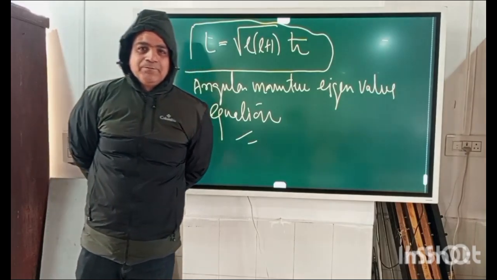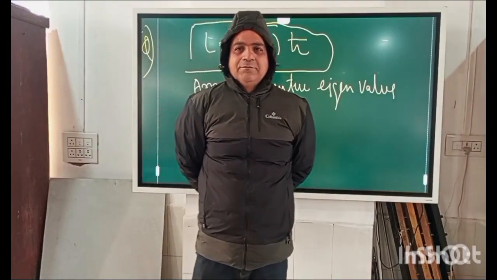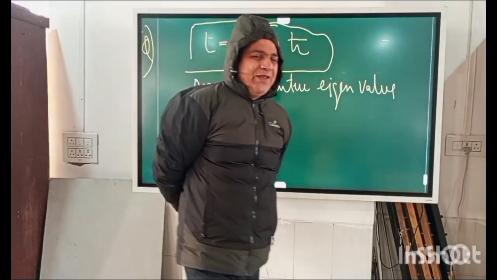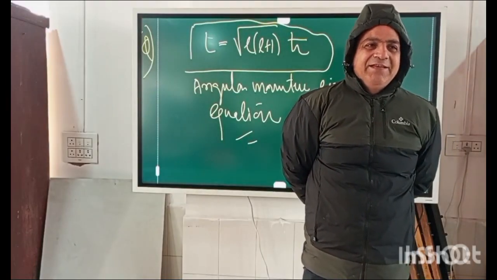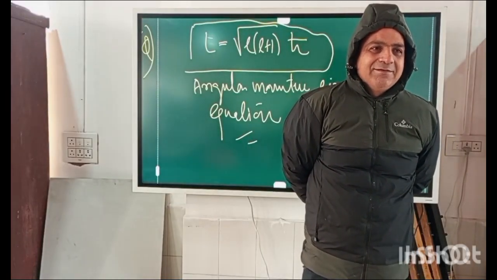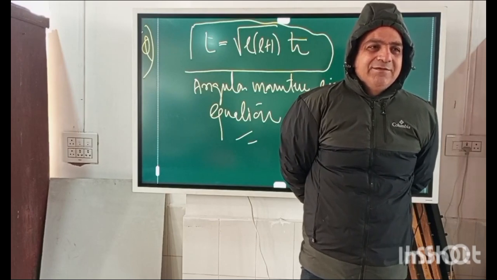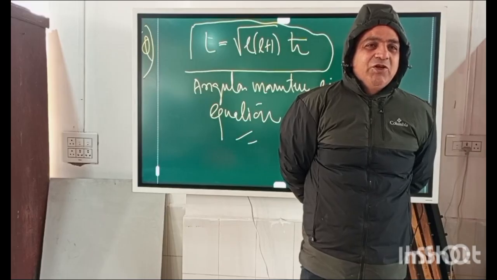The planet Earth is moving around the sun. It has angular momentum. If I take the sun as reference, what about its angular momentum? Its angular momentum is continuous.